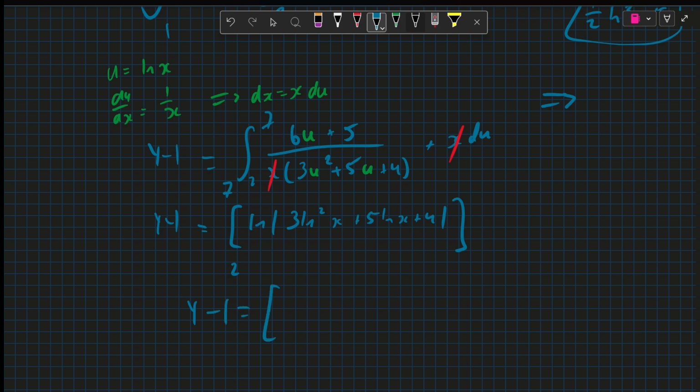Now, I'm going to be just doing some approximate answers here. So for this, we have log of 3 log 7 squared plus 5 log 7 plus 4. And you get about 3.2. Minus, now I'm just going to replace all these with 2's instead of 7's.